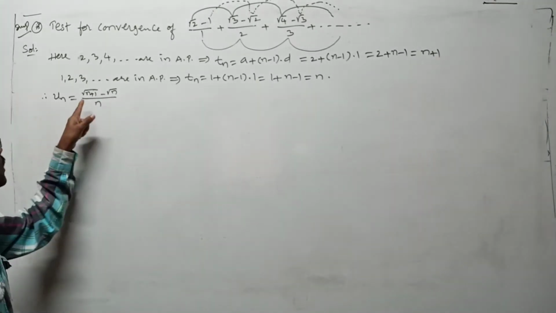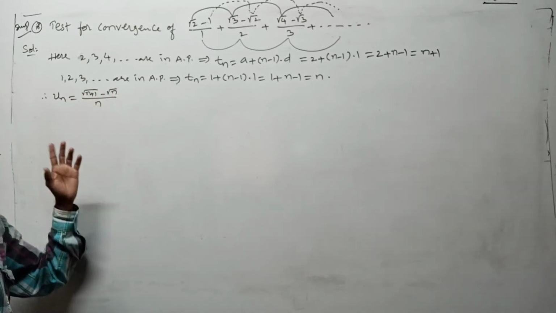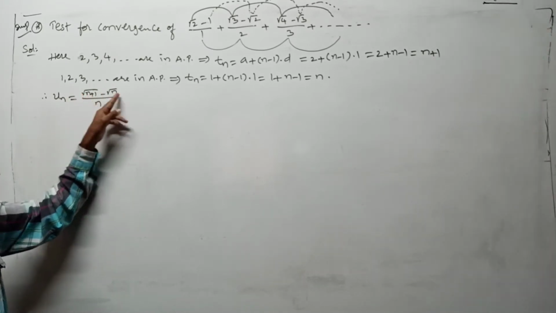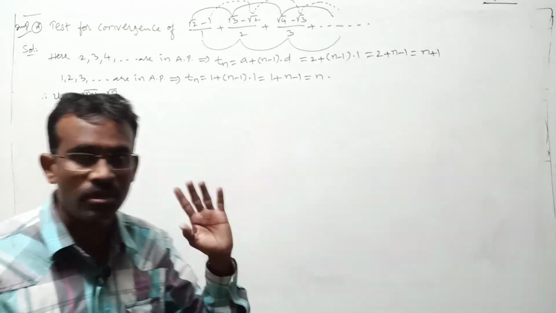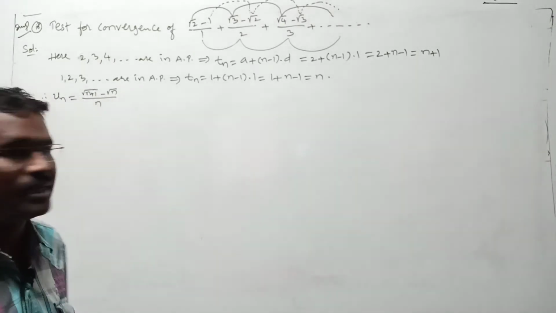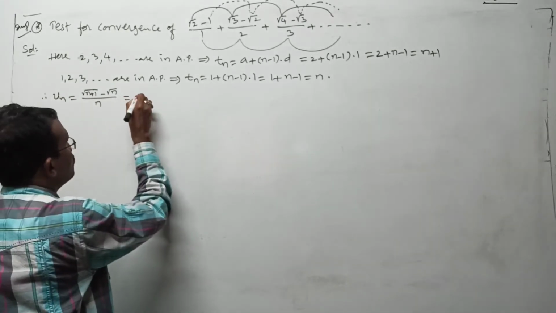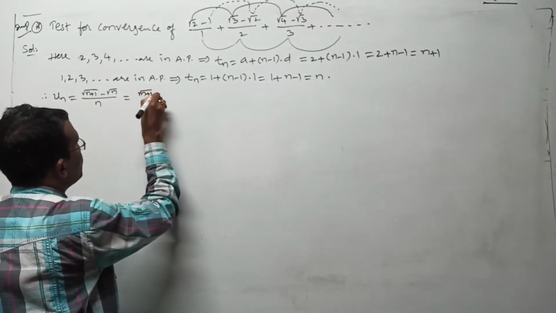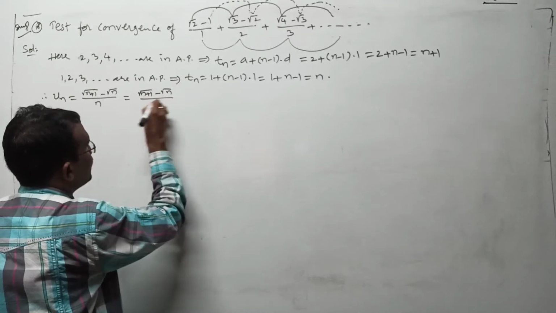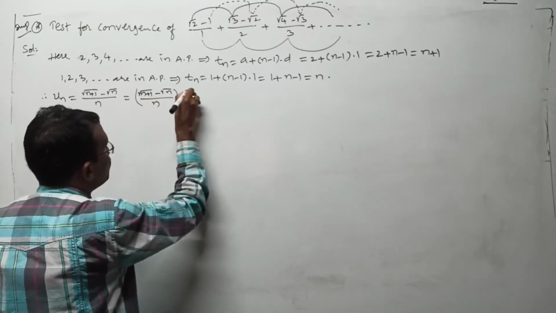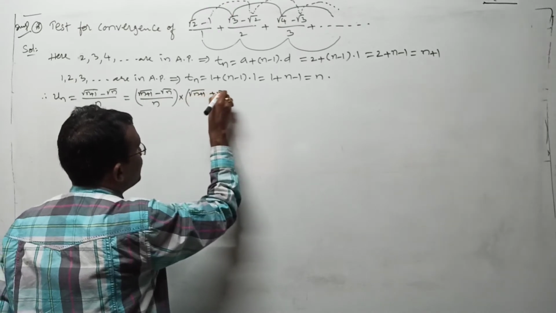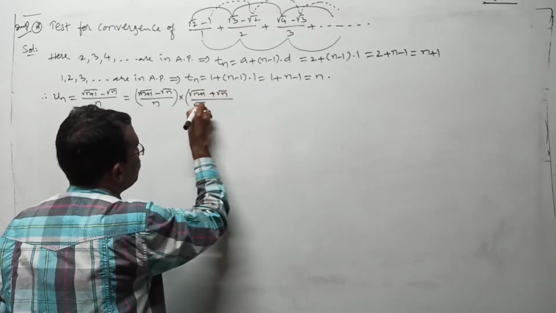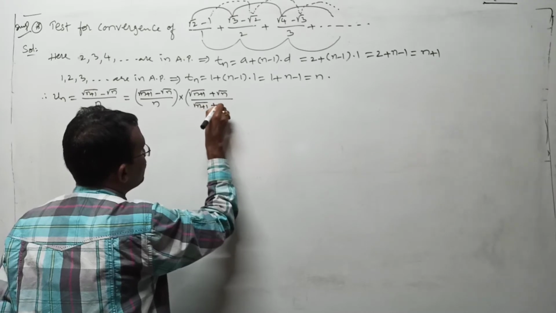Next, directly don't proceed by taking n common, because in the numerator the root is there. That's why we must rationalize the numerator. This work I already explained in the previous problems. Now this is root n plus 1 minus root n by n, into the rationalizing factor root n plus 1 plus root n by root n plus 1 plus root n.